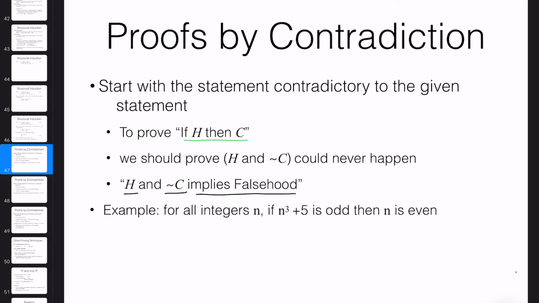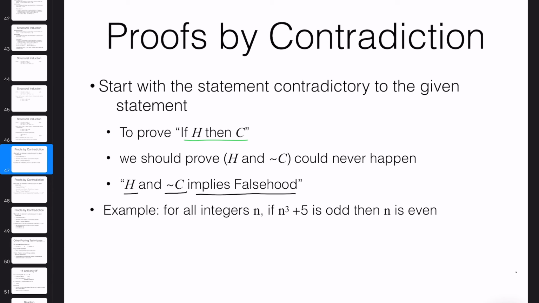For example, I'm going to give you an example. The statement that we want to prove is that for all integer numbers n, if n power 3 plus 5 is odd, then n is even.